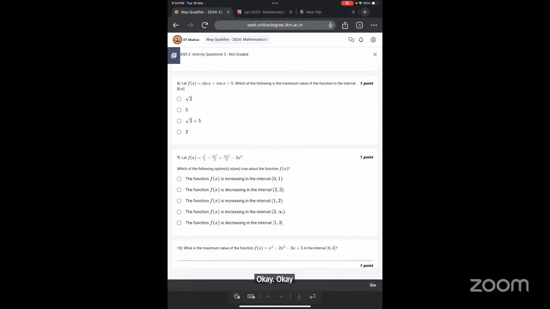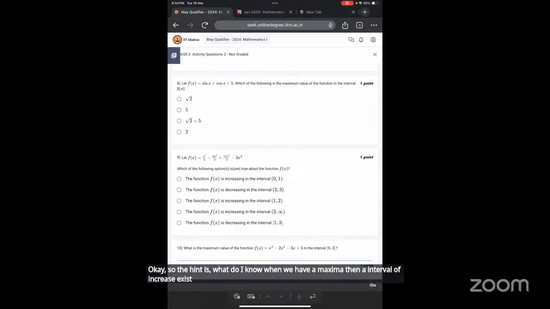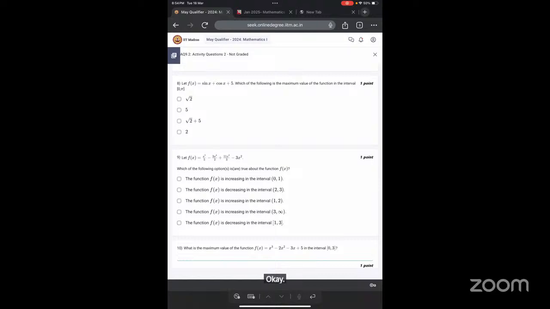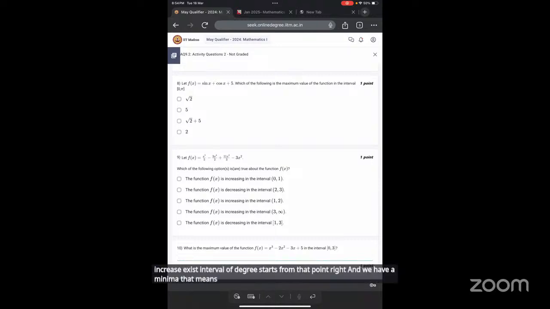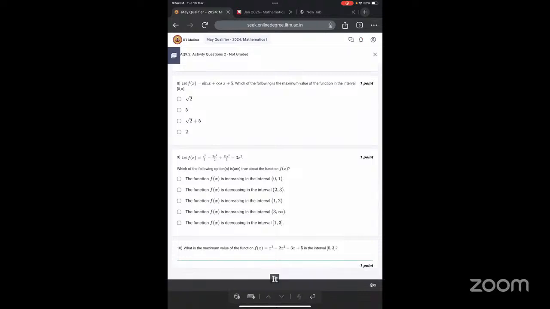Okay, so the hint is, what do we know? When we have a maxima, then an interval of increase ends and an interval of decrease starts from that point, right? And when we have a minima, that means an interval of decrease is ending and an interval of increase is starting at that point, right?